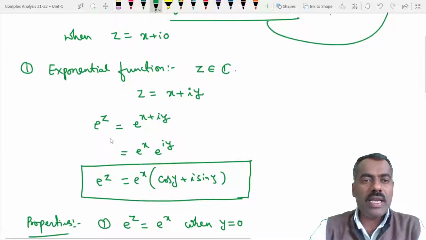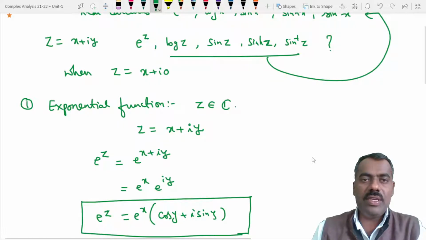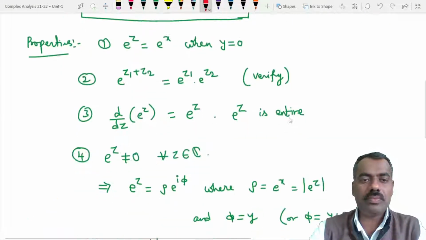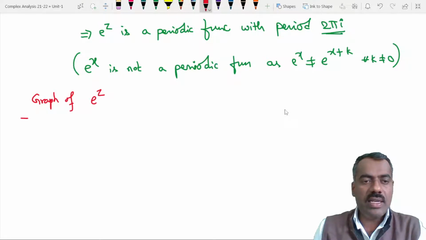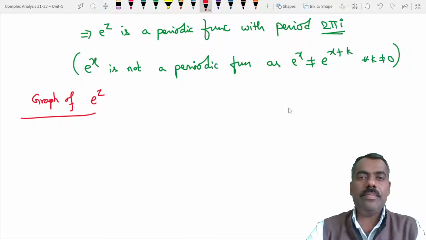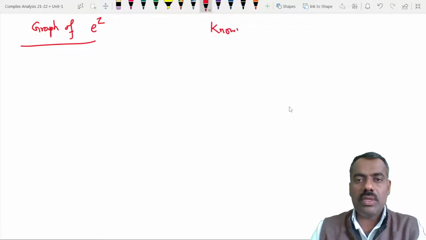Before going to the other one, we all know how the graph of e power x looks like. So we'll see how the graph of e power z looks like. For that, we already know the graph of e power x.